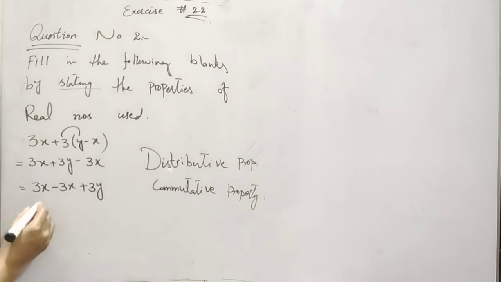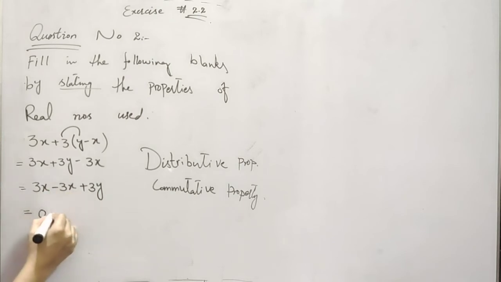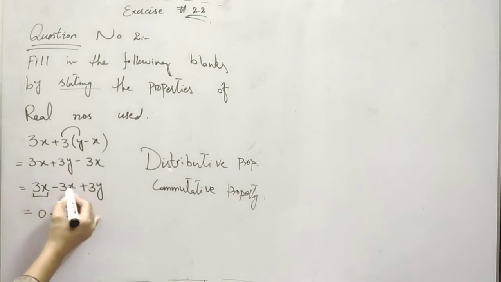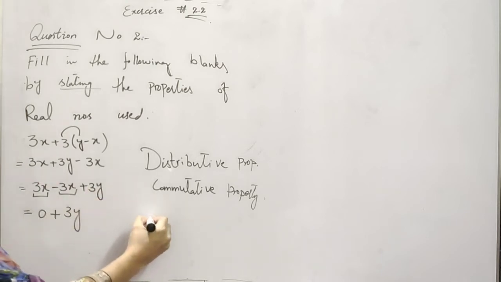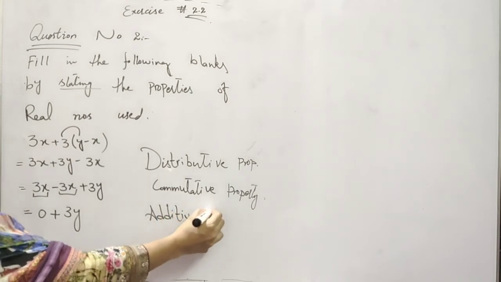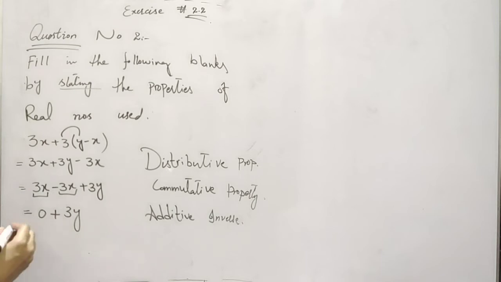Here this 3x and this minus 3x will become 0 plus 3y, because 3x is the additive inverse of minus 3x, and minus 3x is the additive inverse of 3x. So here the additive inverse property is used.